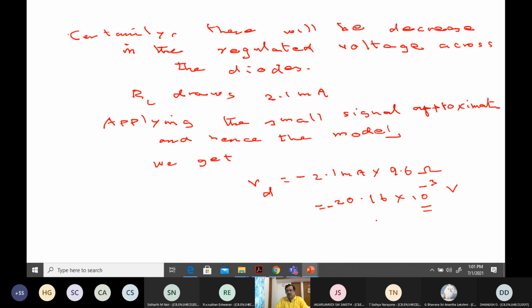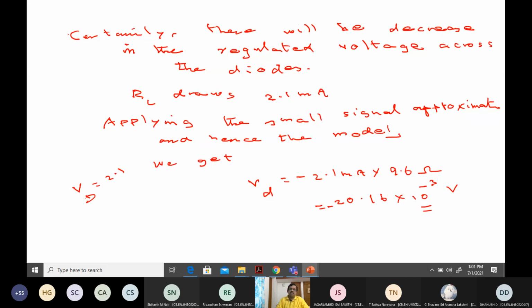Okay, so look at the value here. The nominal voltage would actually have been 2.1. Now, because the load draws current, you have to subtract 20.16 millivolt from here. That will be the actual voltage gotten across the 3 diodes.